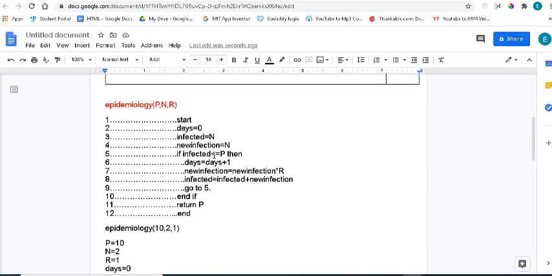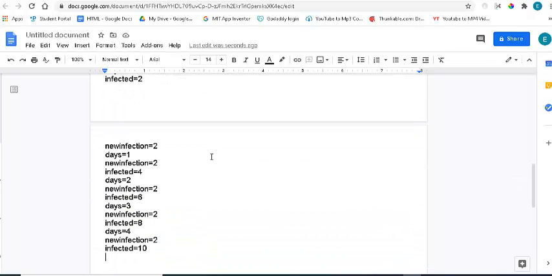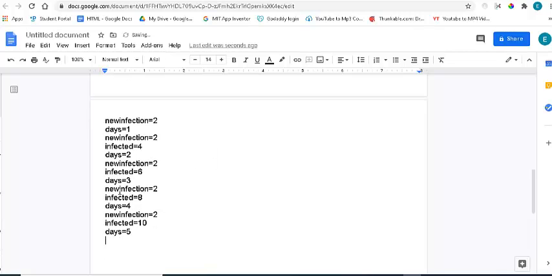less than or equal to 10? Yes. So again, it's going to add the days. So days becomes 5. New infection again still is going to be 2 because the previous one is 2 and r is 1, and it is going to be added to the infected. So infected becomes 10 plus 2, which is 12.